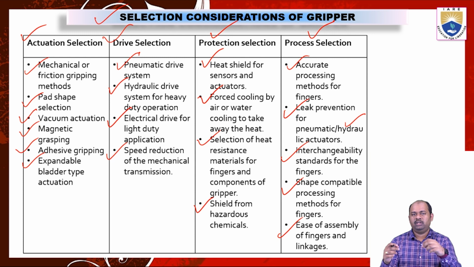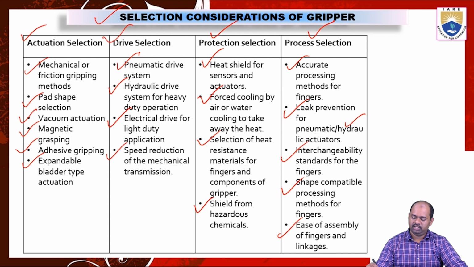So when we want to replace the fingers of the gripper which are broken, the process of replacing the old fingers of the gripper should be very easy. It should not be very complex, so that a layman should be easily able to change the fingers of the gripper. So these are points which are related to design considerations and selection considerations.